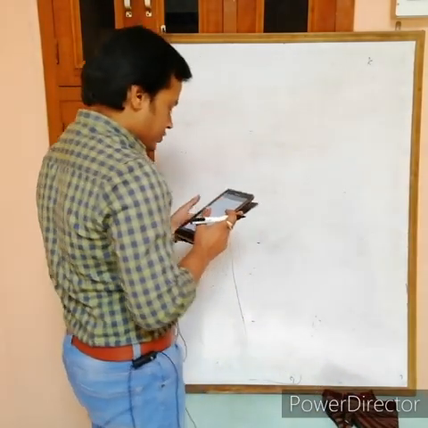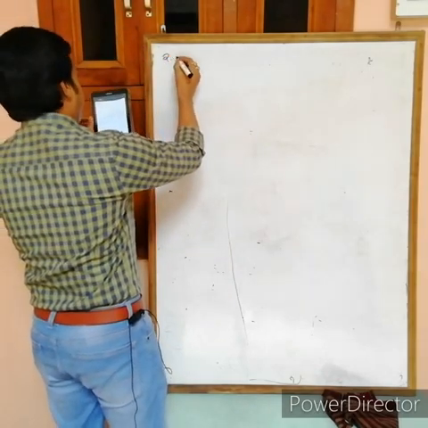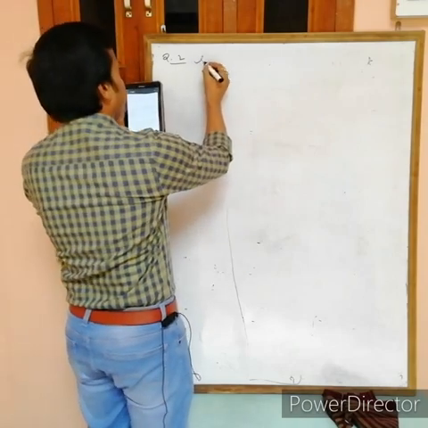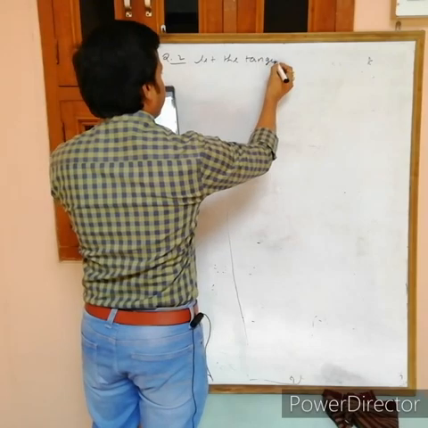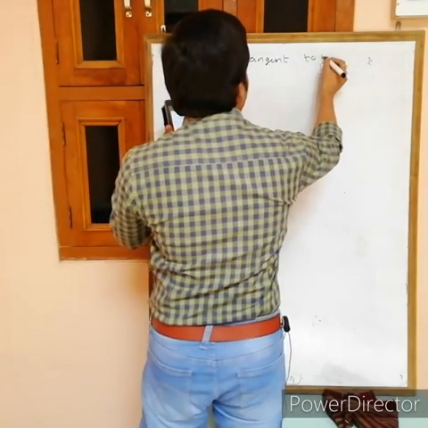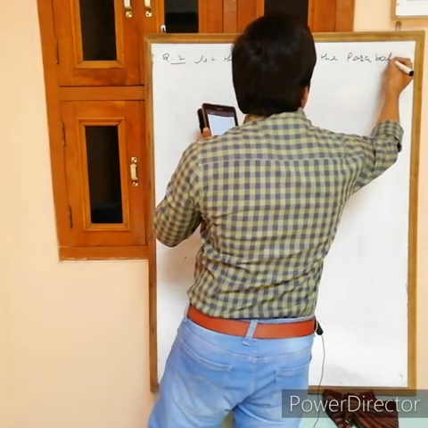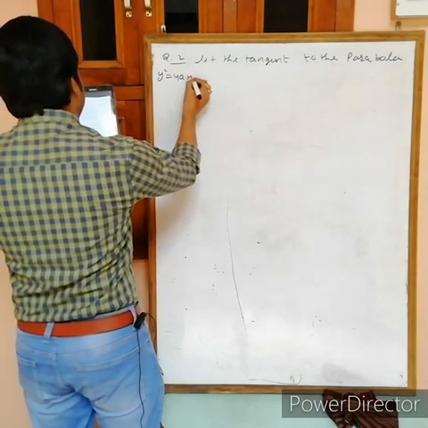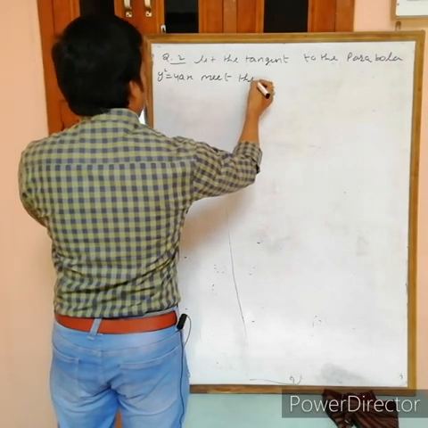Now next question. Let the tangent to the parabola y square equal to 4ax meet the axis.